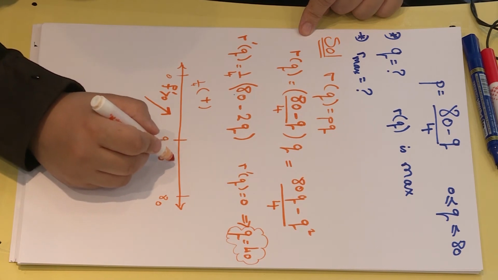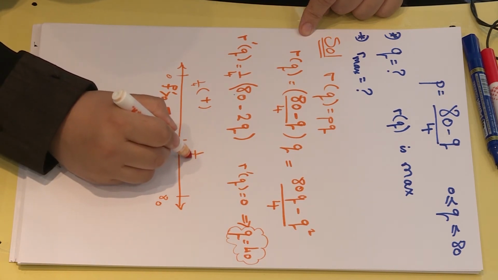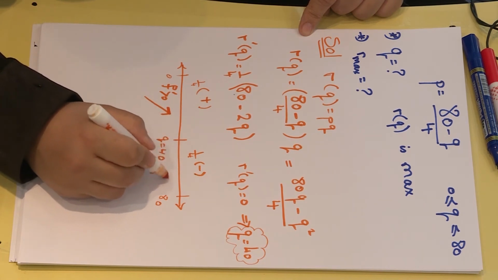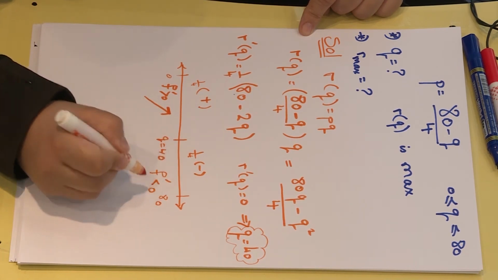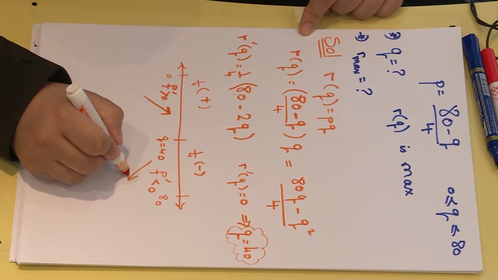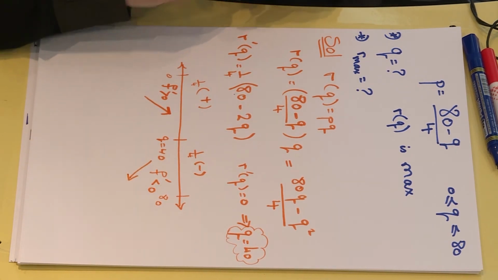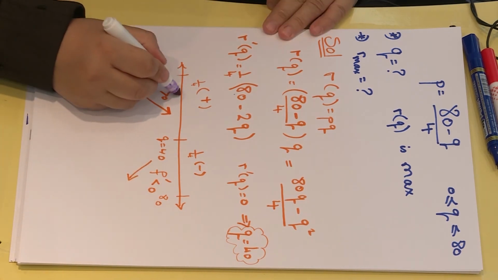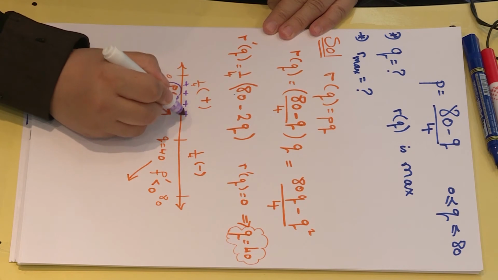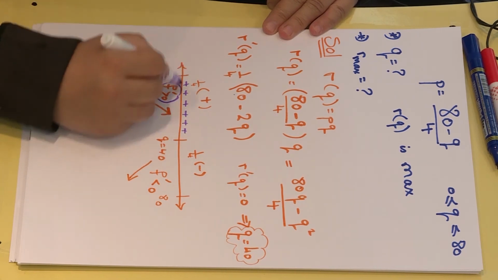So here I have 1/4 times a minus sign tells us that the first derivative here is less than 0. And when the first derivative is less than 0, what happens? The function is decreasing. So let's see. The first derivative here is greater than 0 because it's positive everywhere in this interval.